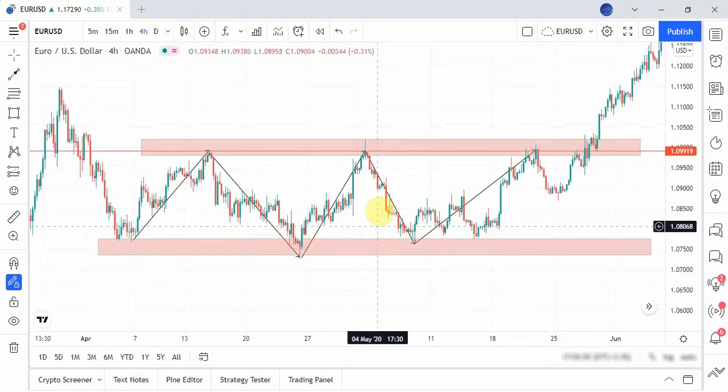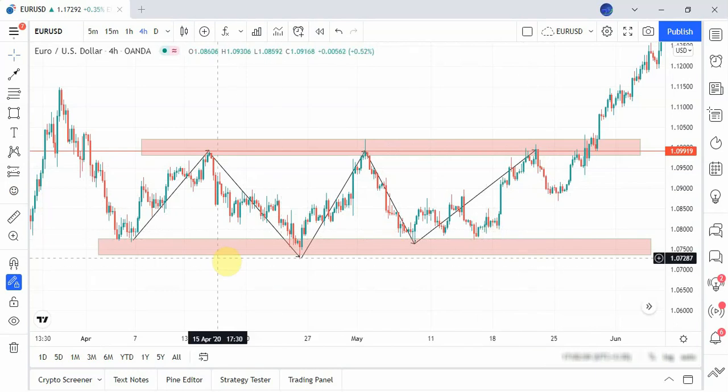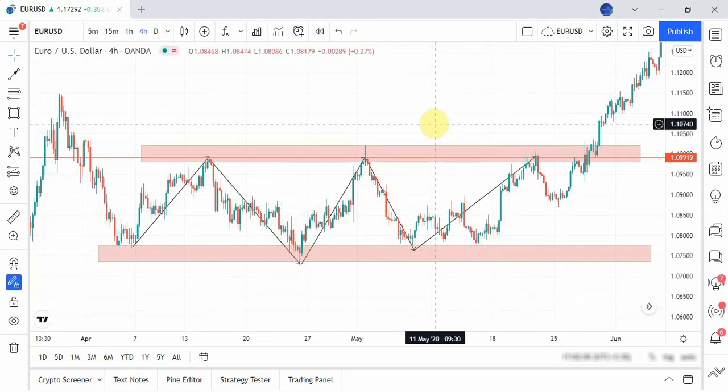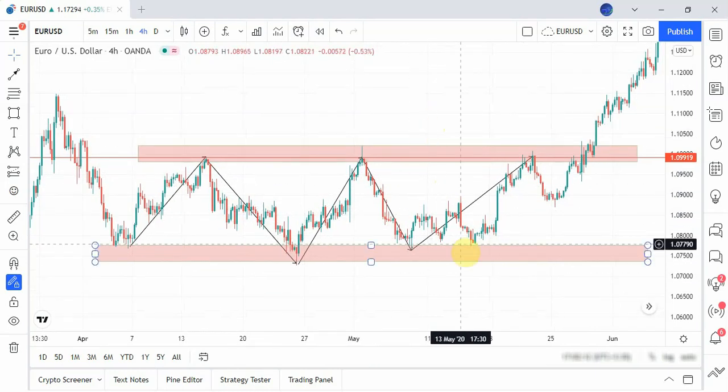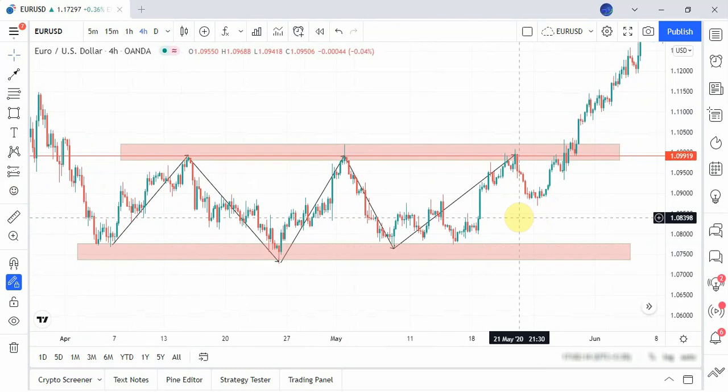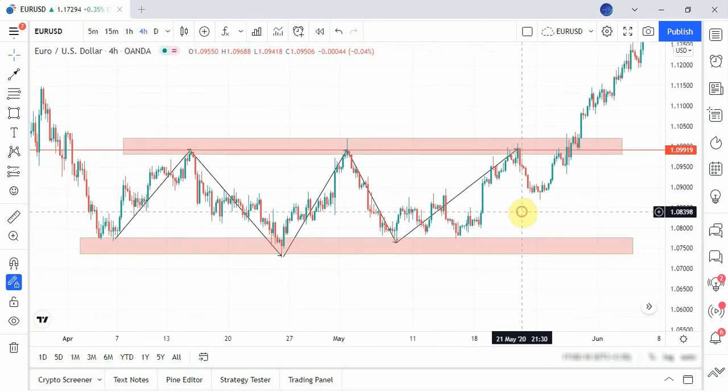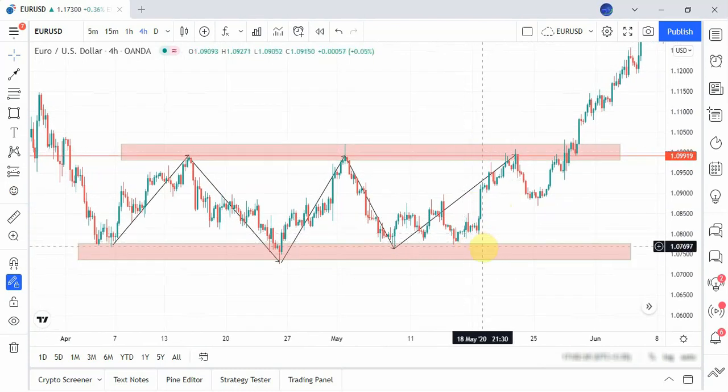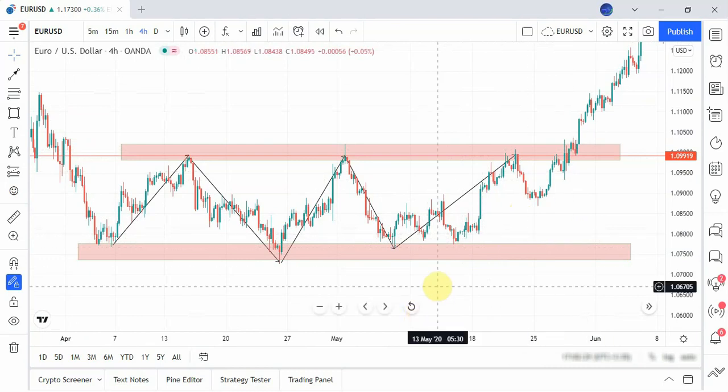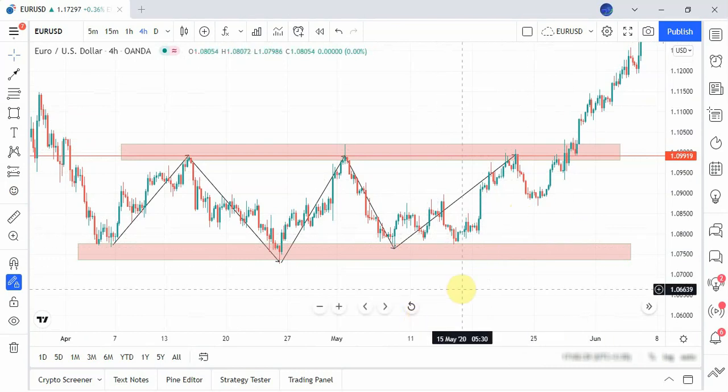Two procedures come through here. One, price breaks the top or bottom and pulls up or down. Two, price is not able to break these two areas and therefore fluctuates between these support and resistance levels, and the market is consolidated.